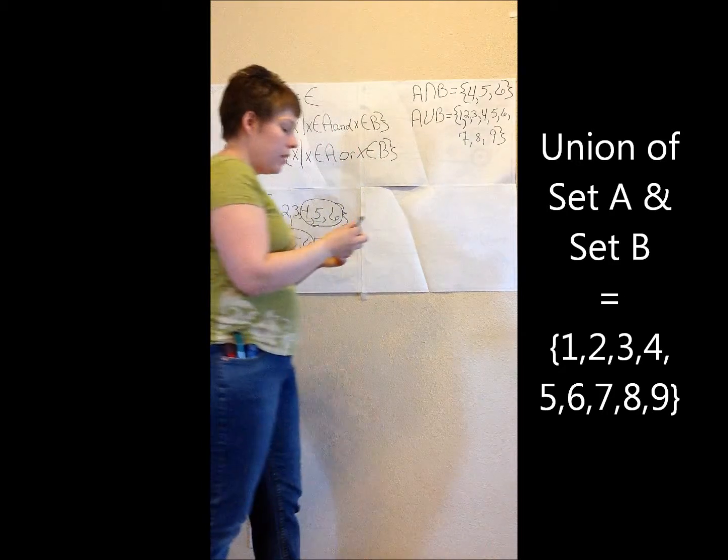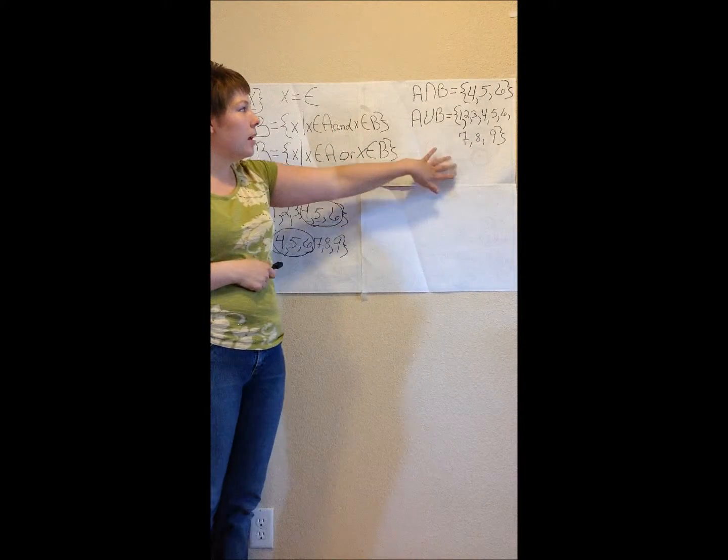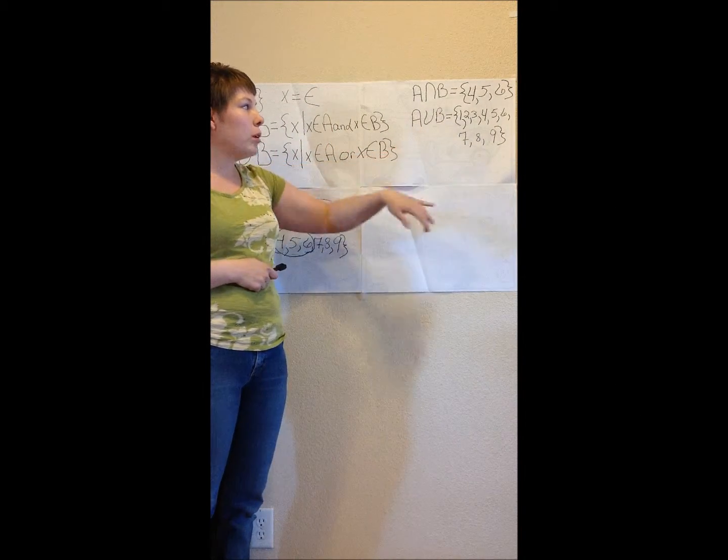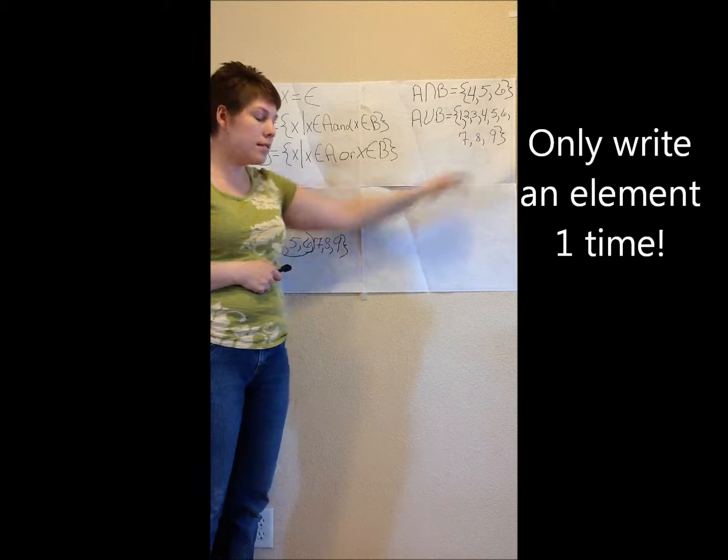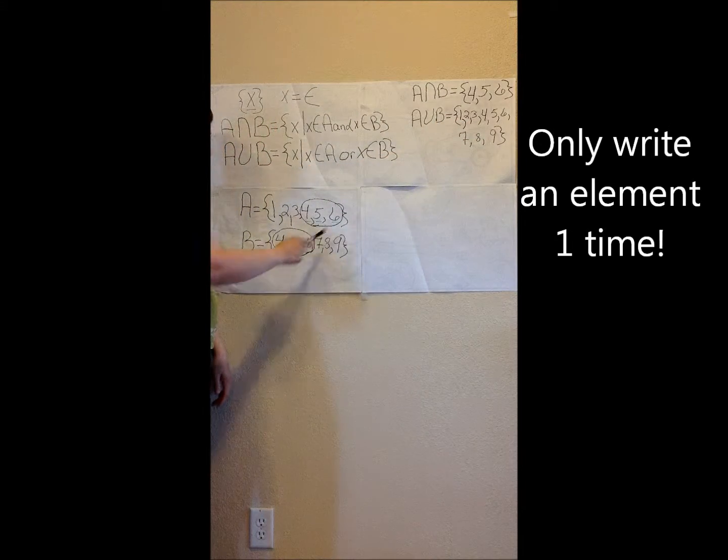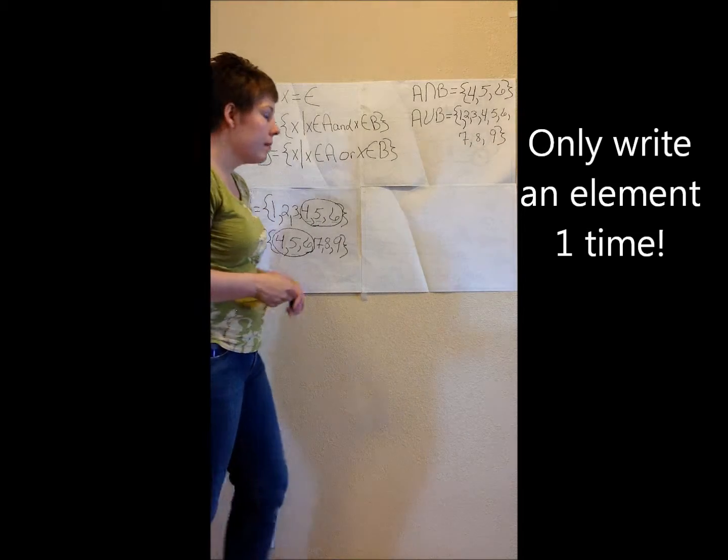Keep in mind that when writing out the union of sets A and B, we only write the elements once, even if they occur more than once.